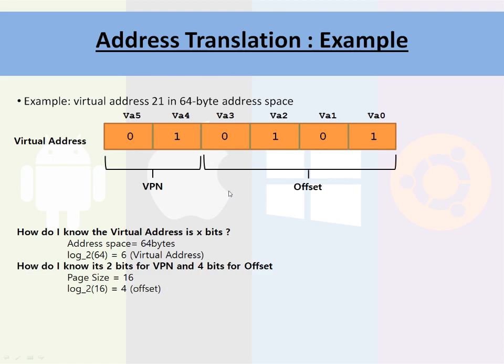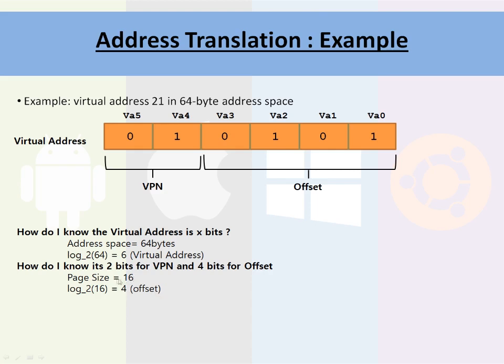Okay, so now that I know that the whole address needs to be 6 bits, how do I know that it's 2 for the VPN and then 4 for the offset? Well, this is when our page size comes into play, and we basically apply the same approach. We know our page size is 16 bytes, so we take log base 2 of 16, and that will give us 4, and that is our offset.